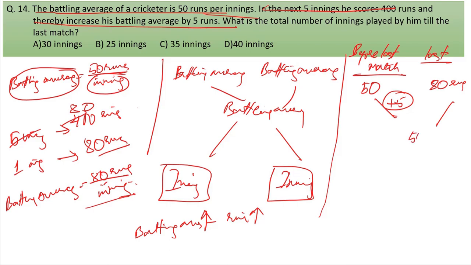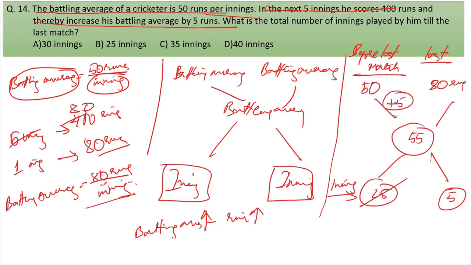Here we have 55 batting average, increased by 5 units. So we'll be having the inning ratio. Inning ratio is 55 minus 50, which is 5, and then we have 80 minus 55, which is 25, and here we cancel it.